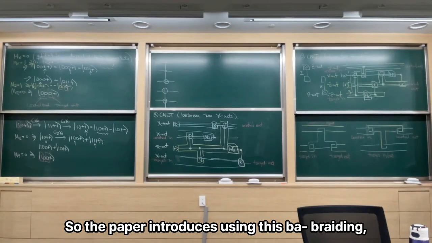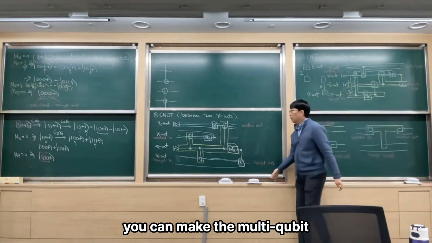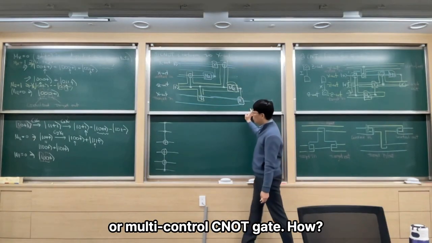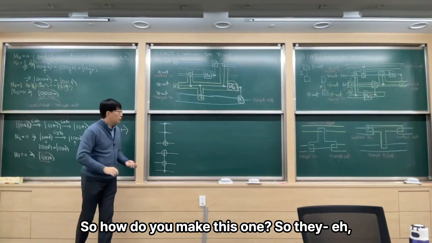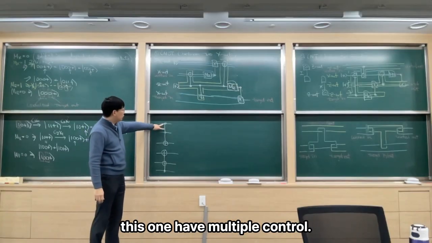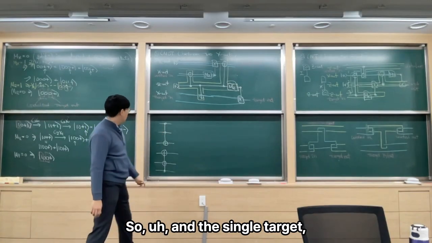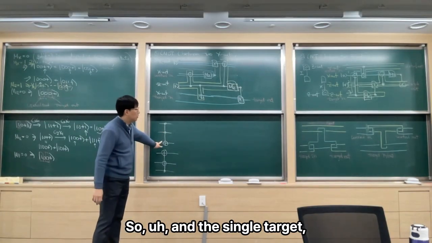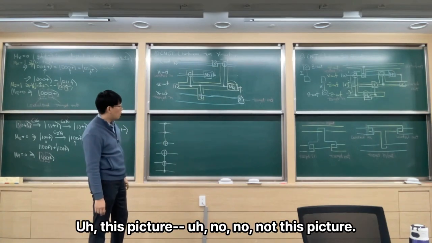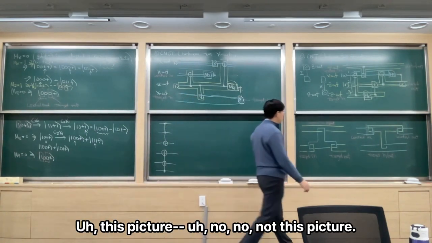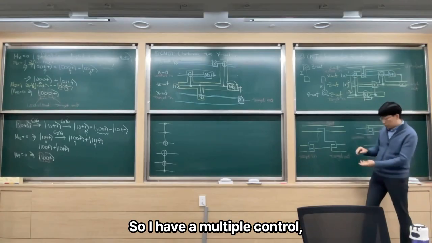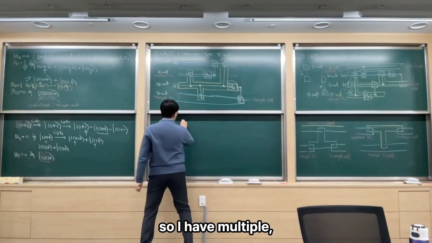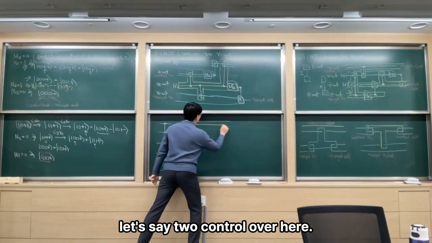Okay. So the paper introduces using these braidings, you can make a multi-target or multi-control CNOT gate. How do you make this one? This one has multiple controls and a single target. I want to go for this picture. No, not this picture, this picture. So I have multiple controls, let's say 2 controls over here.